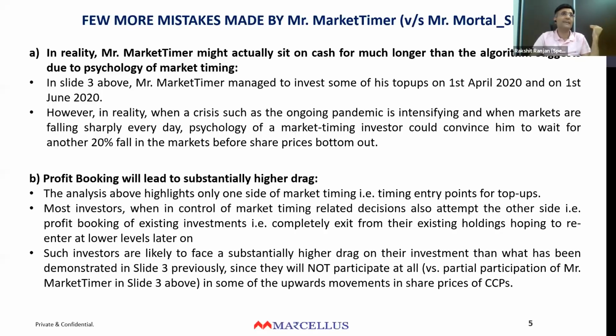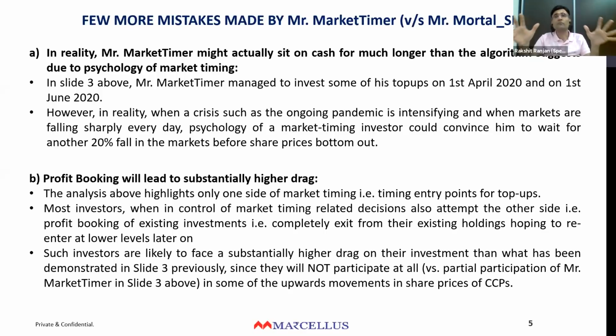For instance, it was highly unlikely that anybody who could time the market went in at the bottom in the month of March or went in during April, all guns blazing. Why? Because in March and April, there was no evidence of any improvement in the external fundamental factors, either related to the virus or the lockdowns or the situation of economies, the broader economic impact of this, etc. Nothing had started improving in March or April.